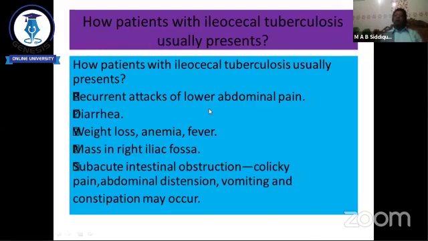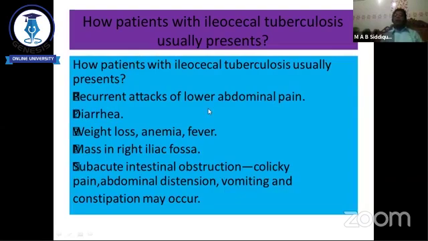How do patients with ileocecal tuberculosis usually present? Recurrent attacks of lower abdominal pain, diarrhea which is very important, weight loss, anemia, fever, mass in the right iliac fossa, and subacute intestinal obstruction like colicky abdominal pain, distension, vomiting, and constipation.